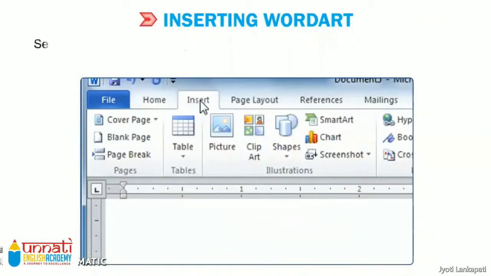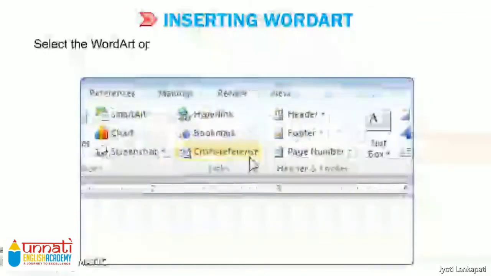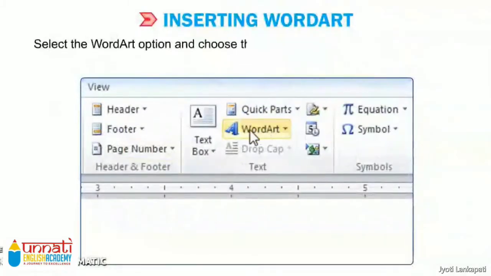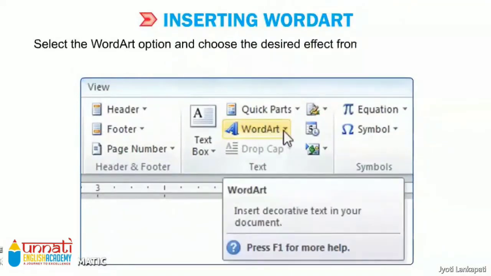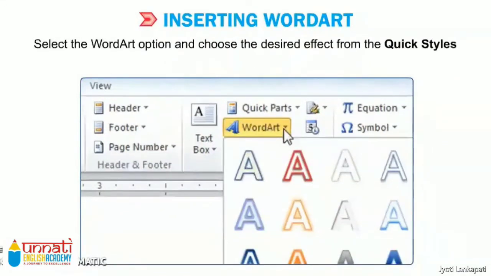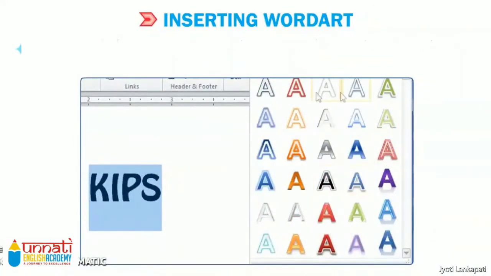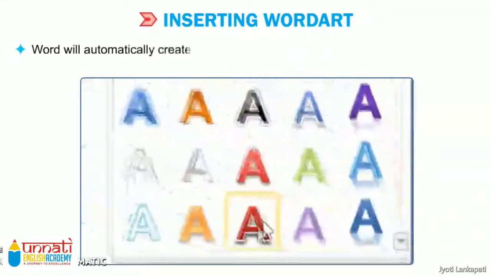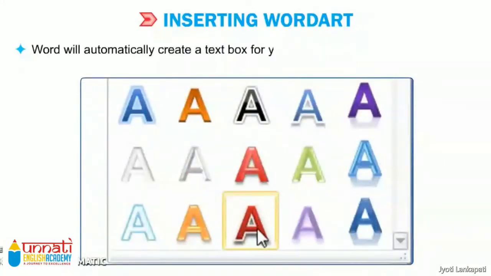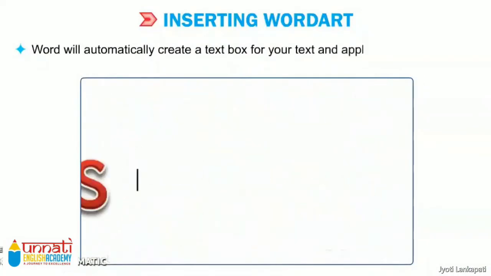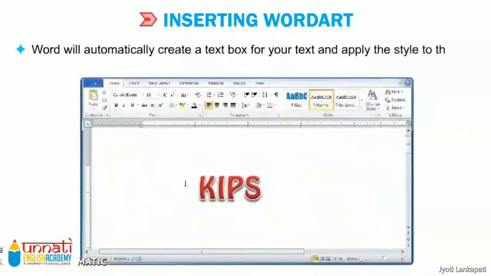Select the word art option and choose the desired effect from the Quick Styles drop-down menu as shown in figure. See, there are so many options available and they are very beautiful. You can choose any of your choice. Word will automatically create a text box for your text and apply the style to the text. See.